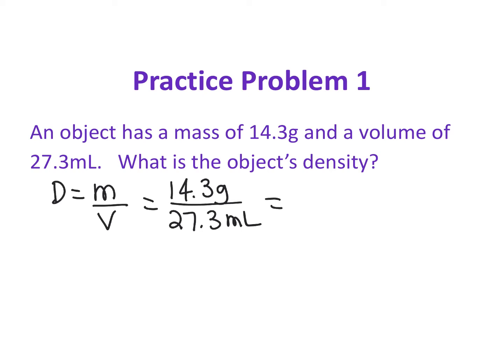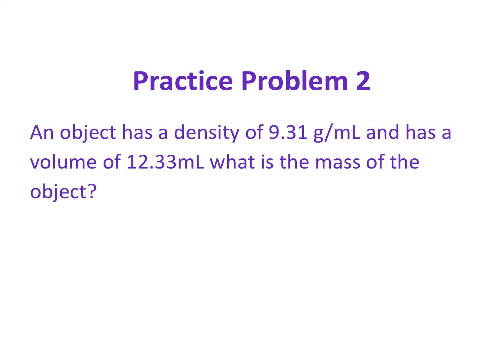What is the object's density? So this one is super easy because all we have to do is divide. So we're going to do 14.3 divided by 27.3, and we are getting 0.52 grams per milliliter.